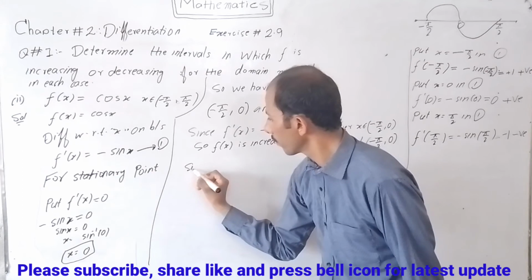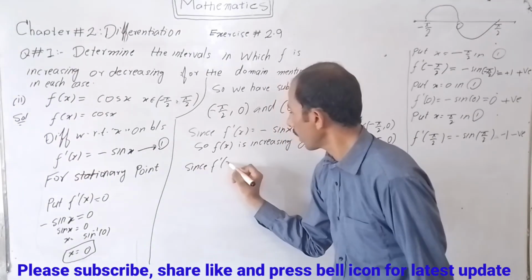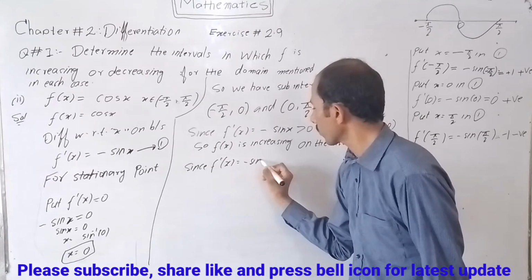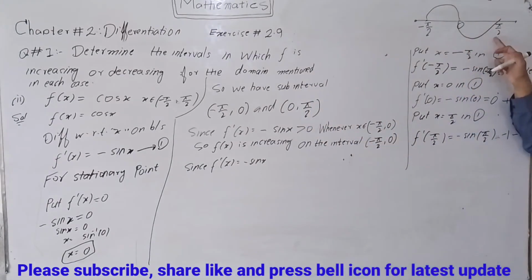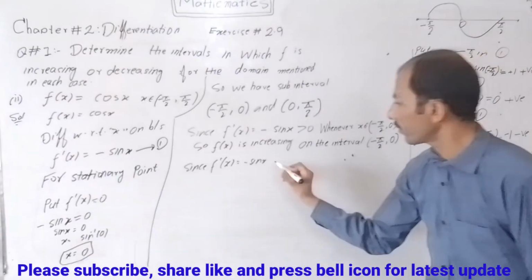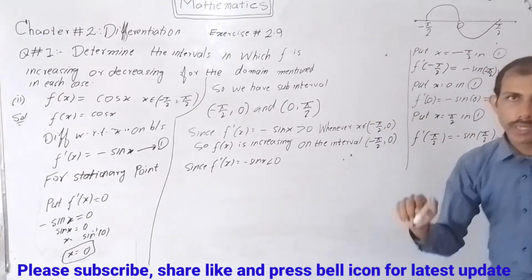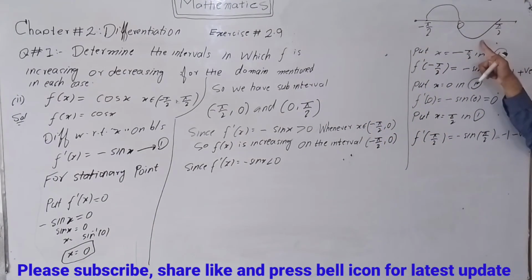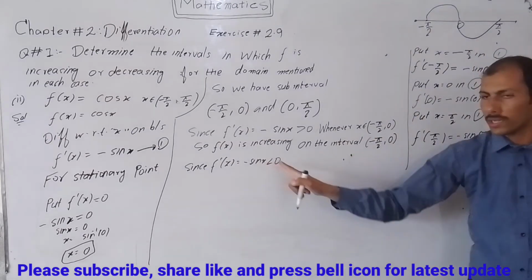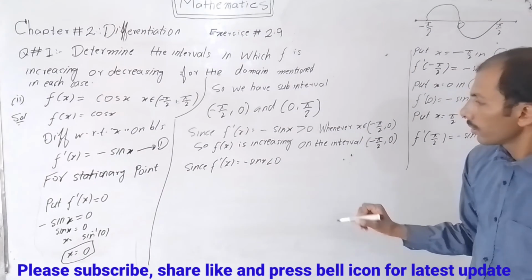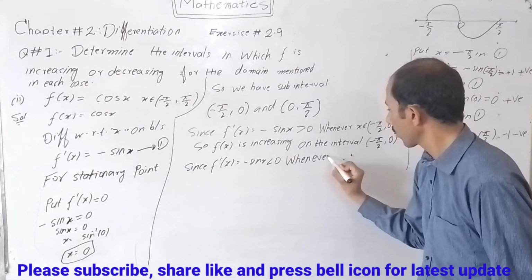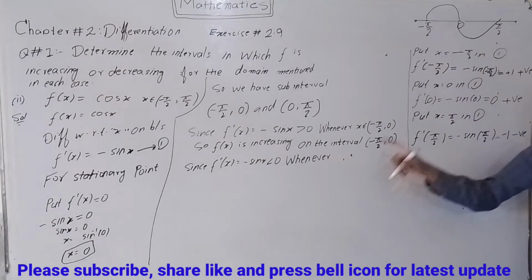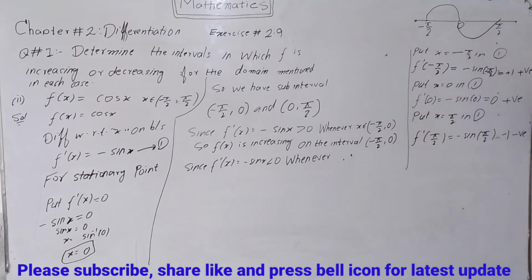Since f prime of x is equal to minus sine x, next on 0 to pi over 2 the graph is less than 0, which means the graph lies below the real line. So minus sine x is less than 0 whenever x belongs to 0 to pi over 2.